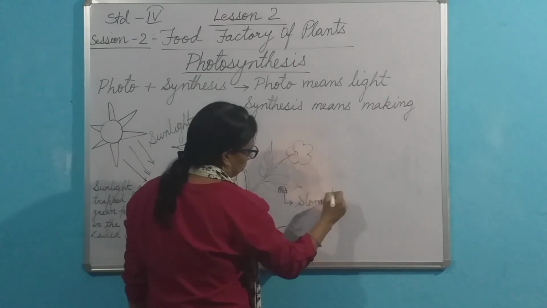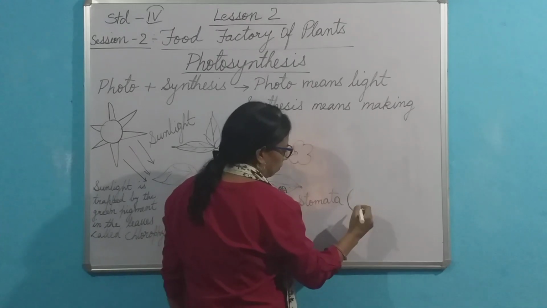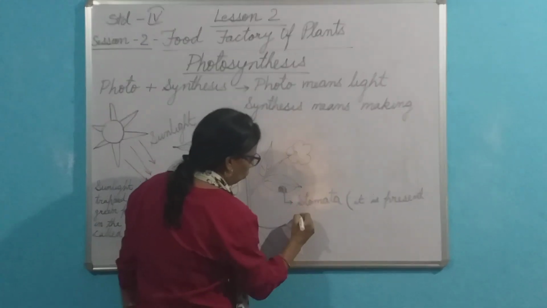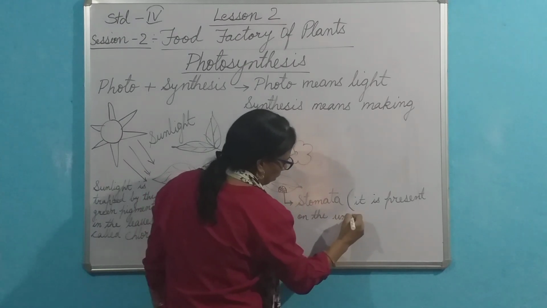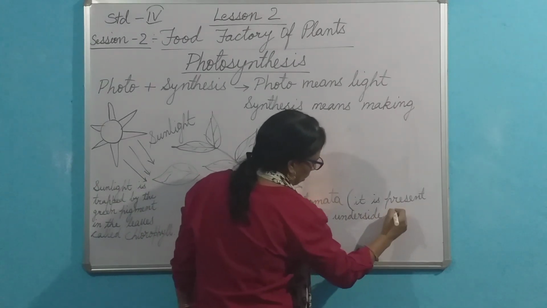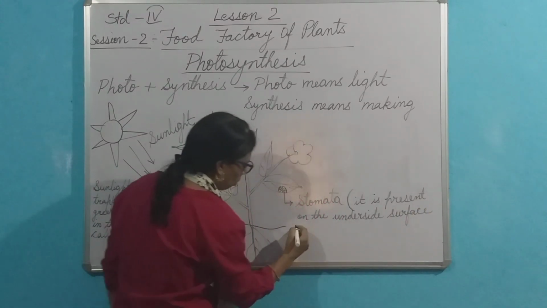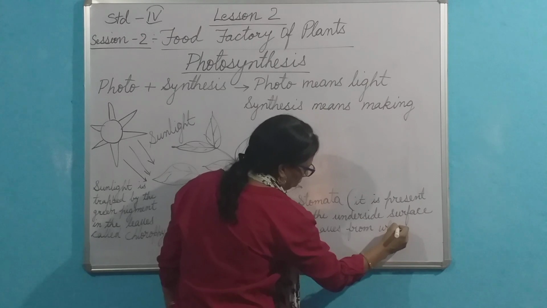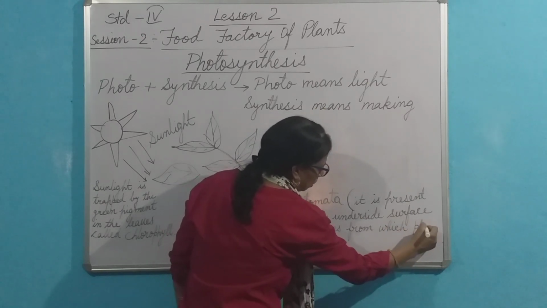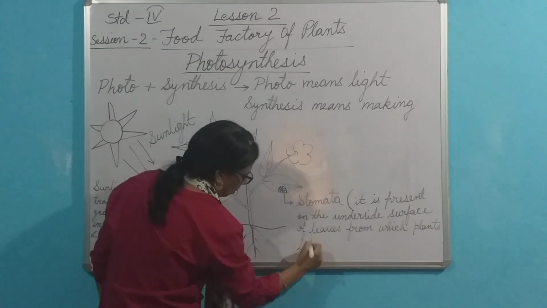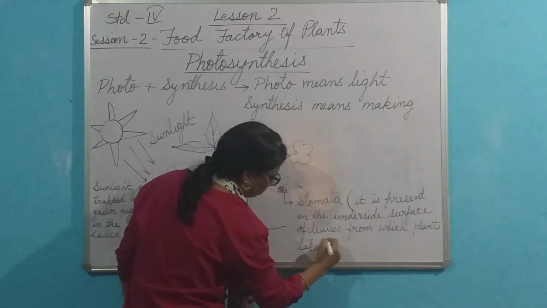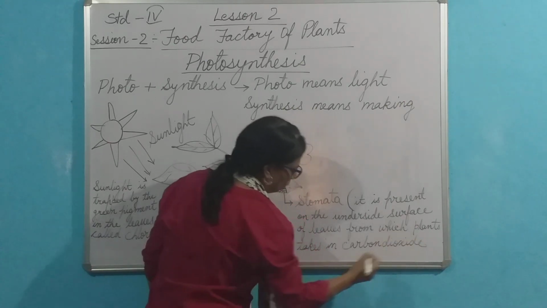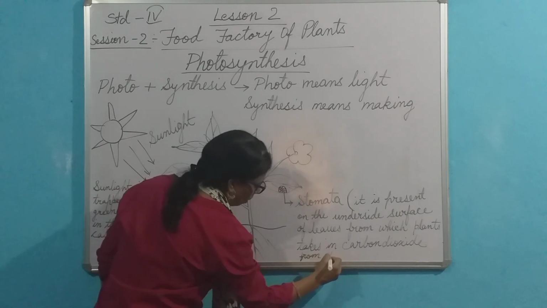Stomata is present on the underside surface of leaves, from which plants take in carbon dioxide from the air.